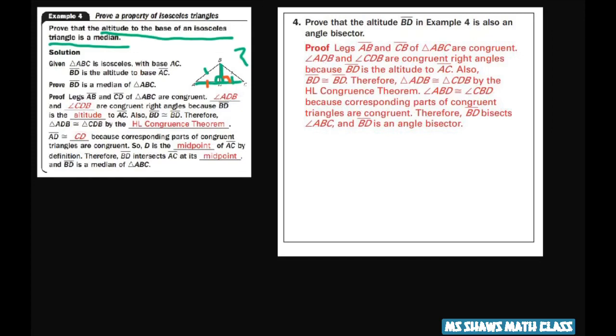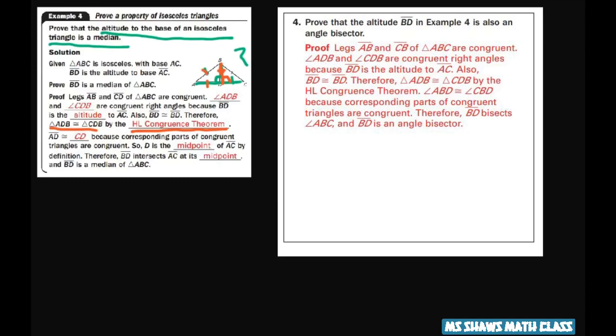We also know by the reflexive property that this line is congruent to itself. So since we have a right triangle, by the hypotenuse-leg congruence theorem, we know that the two triangles are congruent, because all you need is a hypotenuse and one leg.